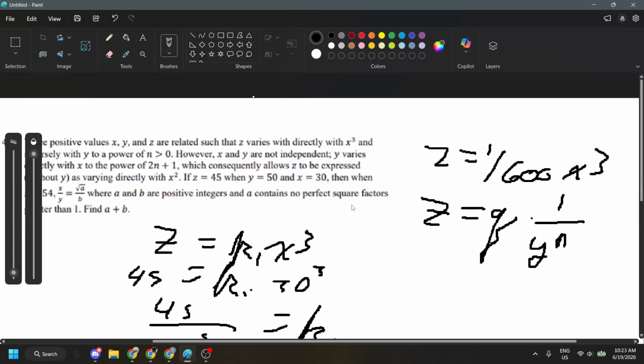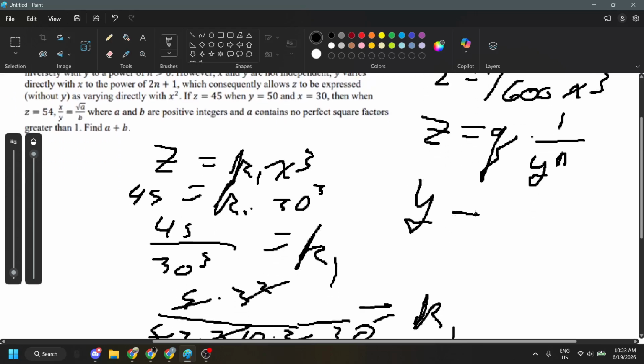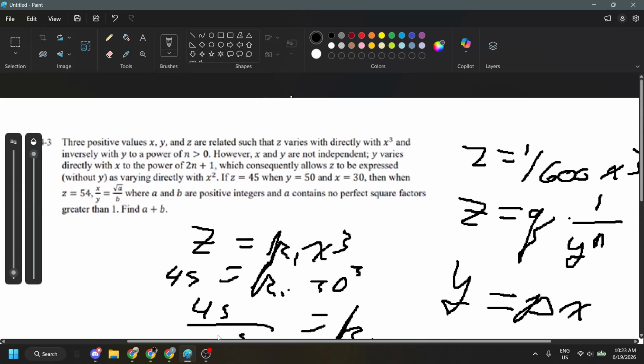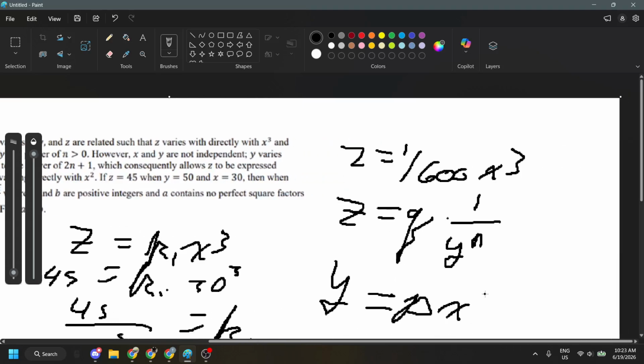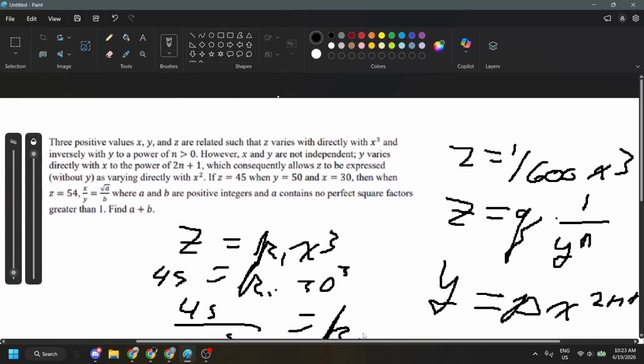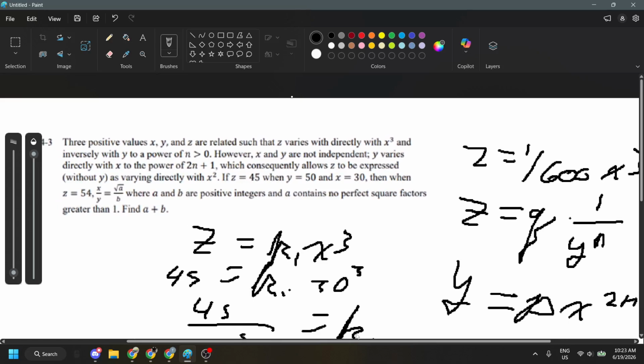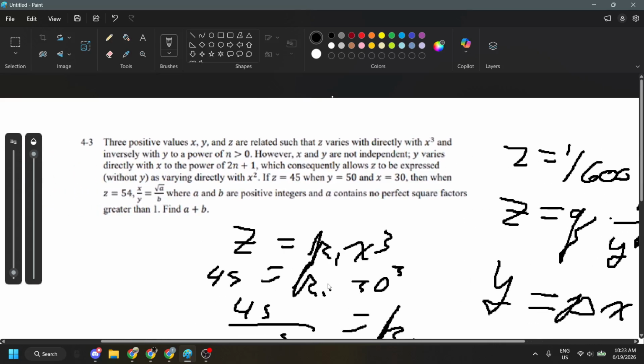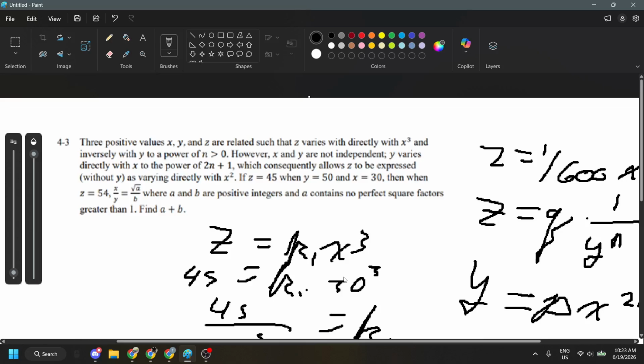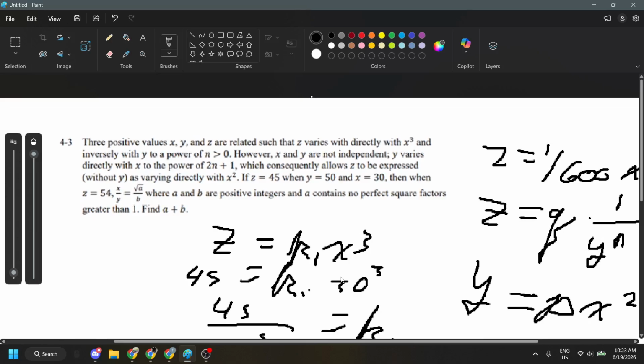Y varies directly with x, so y is equal to p x to the power of 2n plus 1, which consequently allows z to be expressed without y as varying directly with x squared. What? So z can be expressed both with x cubed and with x squared.